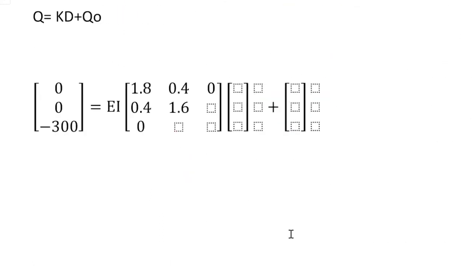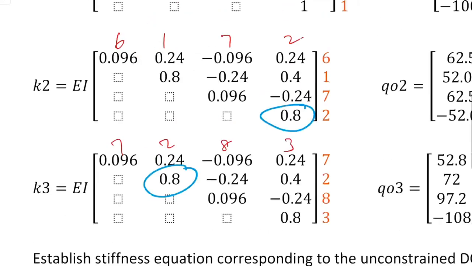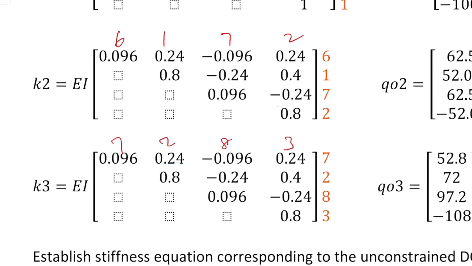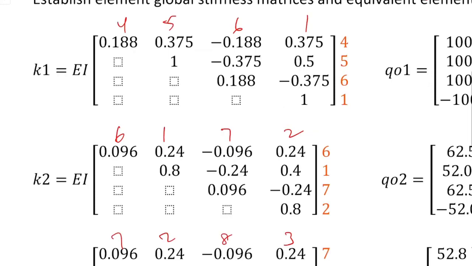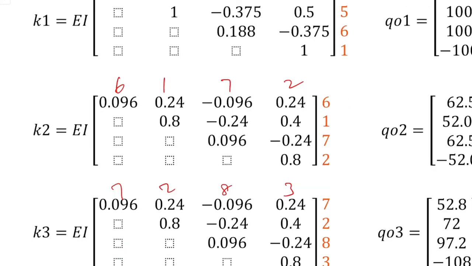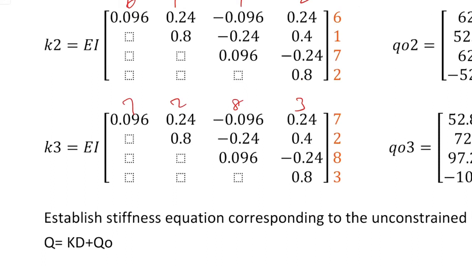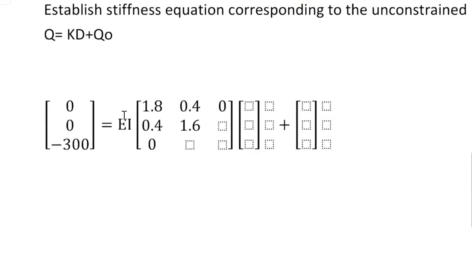So next is 2,3. We will find where 2,3 is. We look at K1, there is no 2,3. We look at K2, there is no 2,3. We look at K3, 2,3 or 3,2 is 0.4. So we put 0.4 and 0.4.